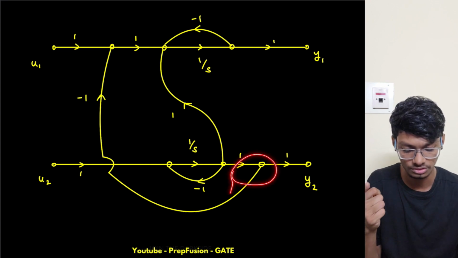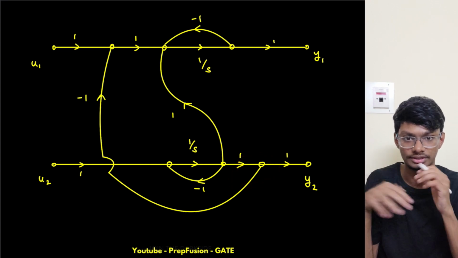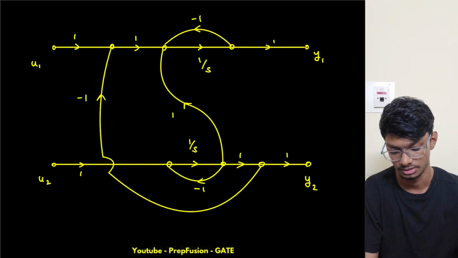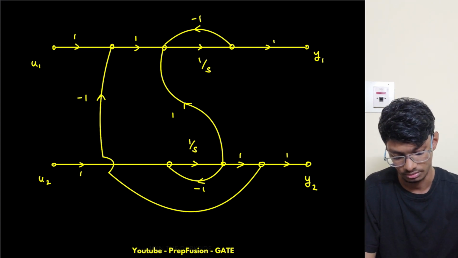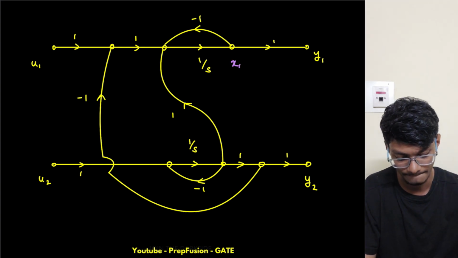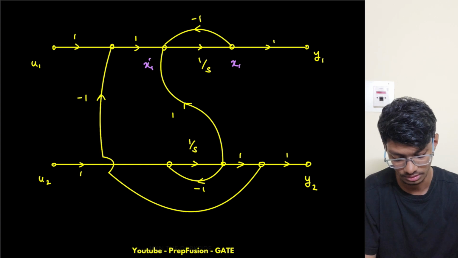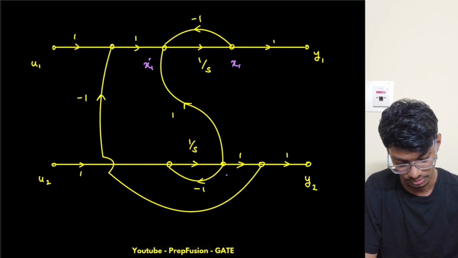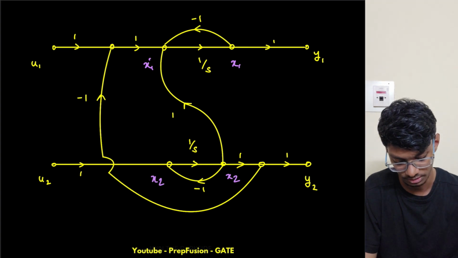Whatever convention you choose, then it will be the transpose, right? Rows will become columns and columns will become rows. So let's assume this one as x1 and this one as x1 dot, and this one as x2 and this one as x2 dot, okay?